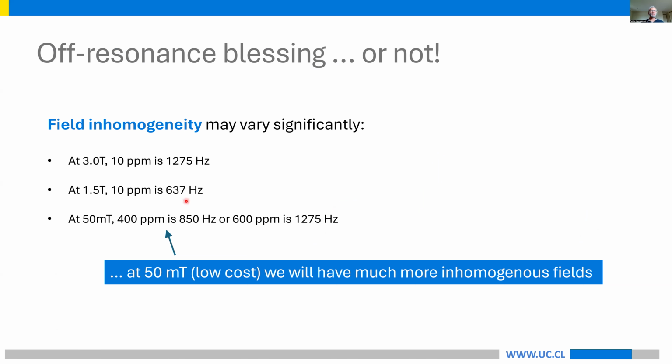At 1.5, it's 300 hertz, but at 50 millitesla, it's very rare that you're going to have 10 ppm. It's going to be more like 400, 600, or maybe 1,000, or maybe 2,000. So the shift in hertz is going to be above 1 kilohertz. So you're having exactly the same problems as 3T, because low cost scanners are a lot less homogeneous.